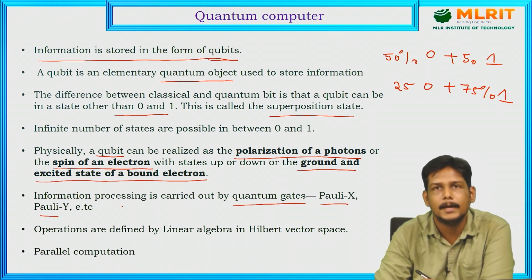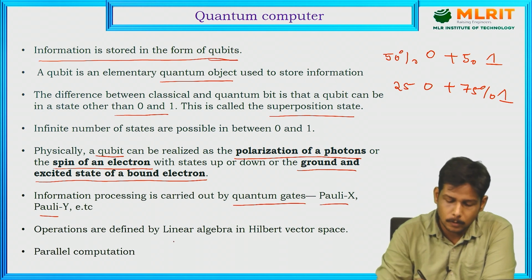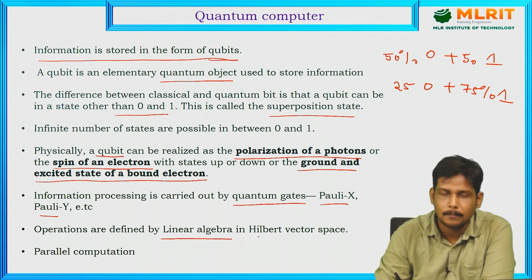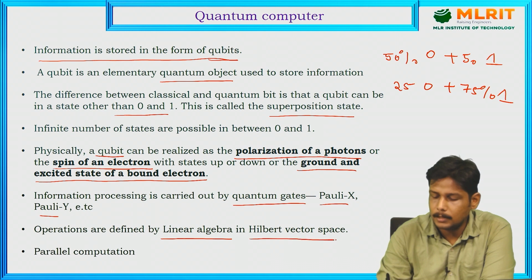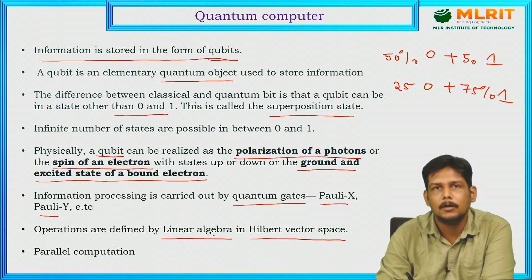Those are all examples. We will talk about these things in the upcoming lecture series. The operations that happen follow linear algebra inside a Hilbert vector space. For representing a qubit, we need a Hilbert vector space, and it follows linear algebra.